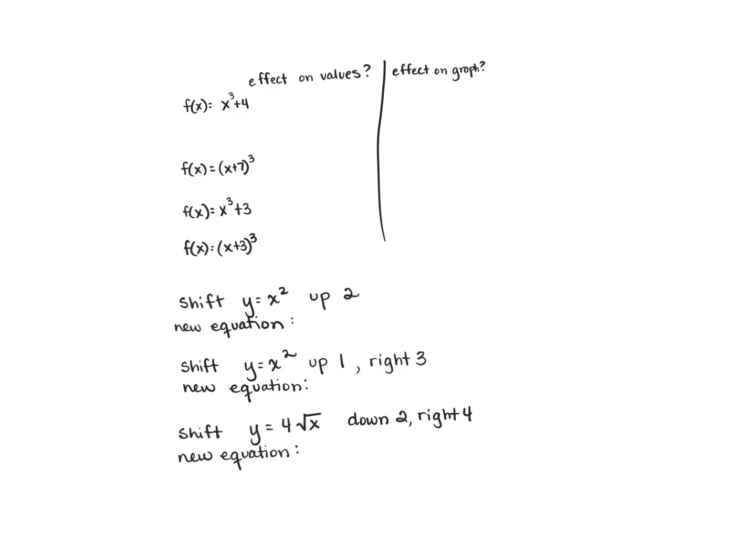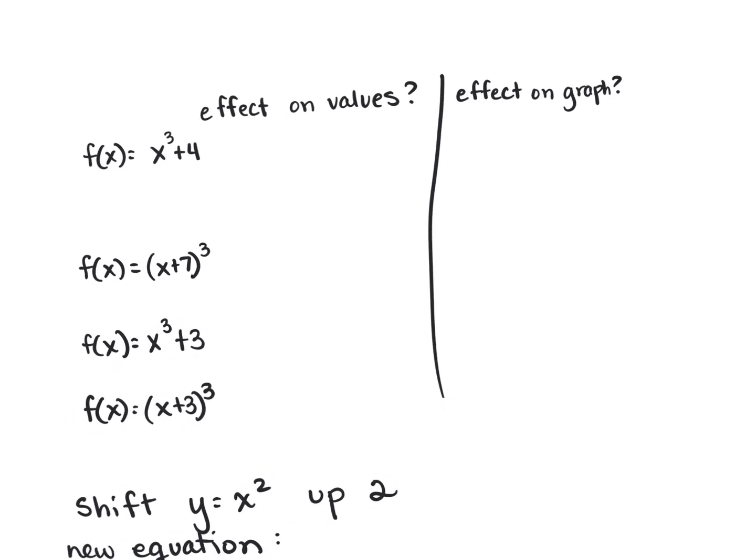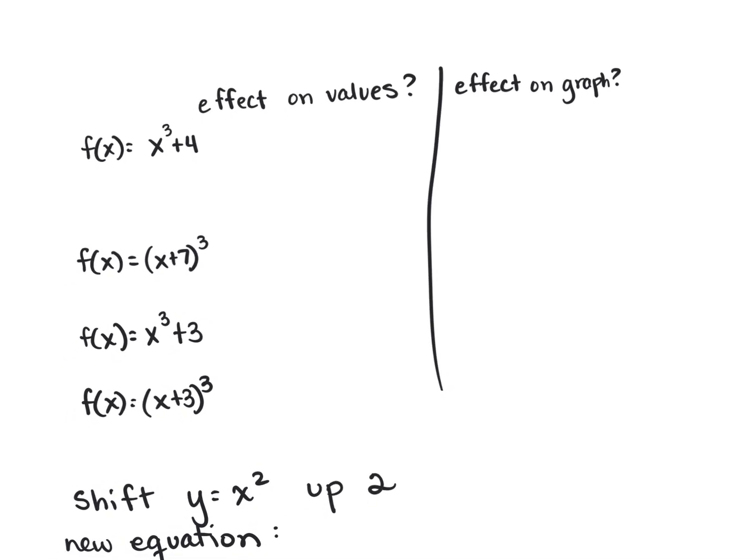Okay, so here are a few examples of what we're going to be looking at, and this is saying what is the effect on the values. So for each one of these, you have to understand that the parent graph started out being f of x is equal to x cubed. So what I always encourage kids to understand is, am I inside or outside? All right, so this plus 4 is on the outside.